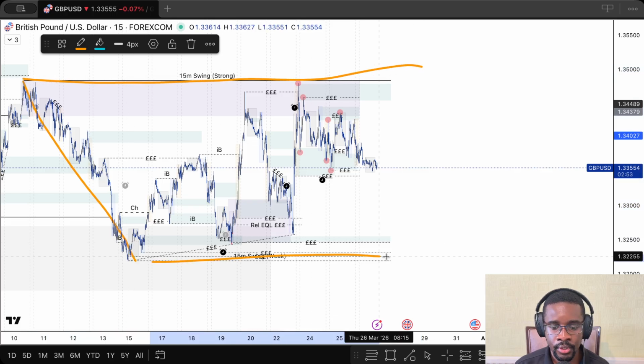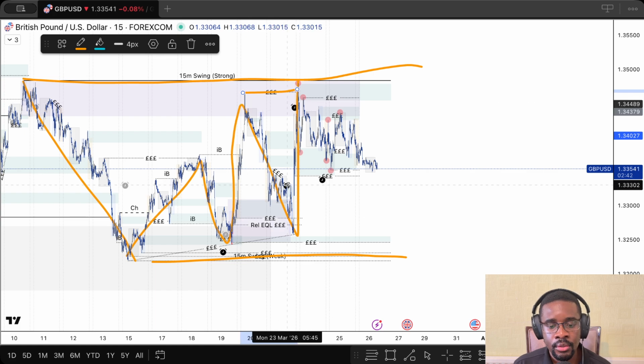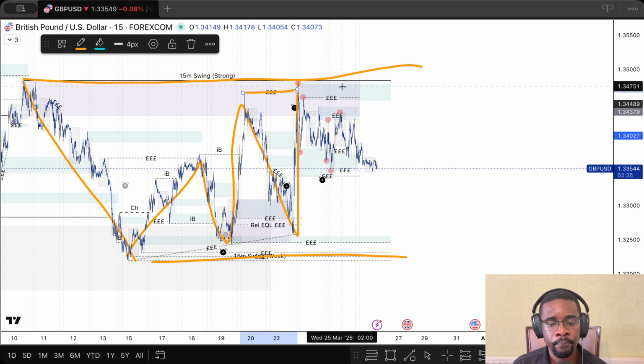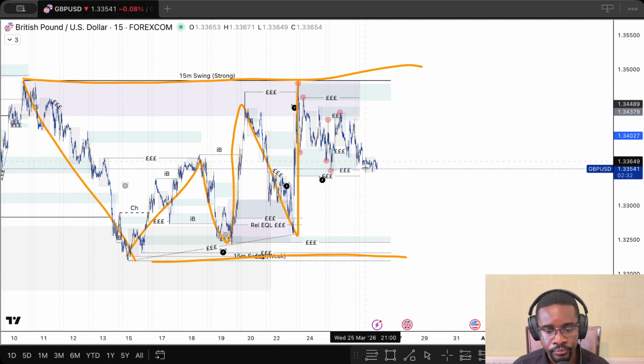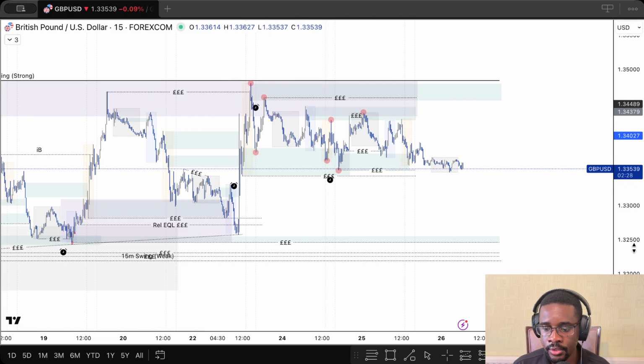On the 15-minute, internally we have been bullish, and at the top here we just had sweeps, so we really haven't had a convincing break of structure. After this last sweep, price has just been pushing down.